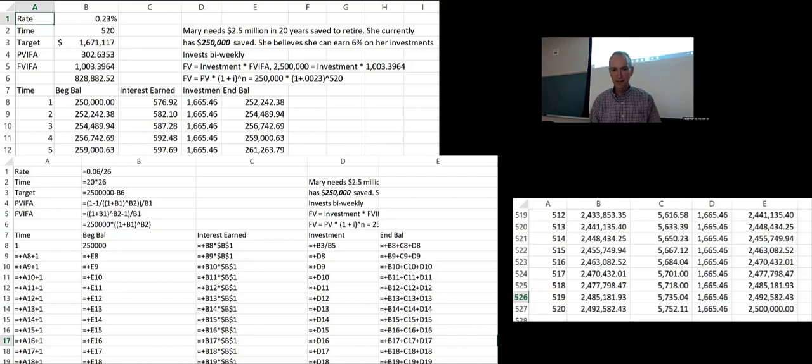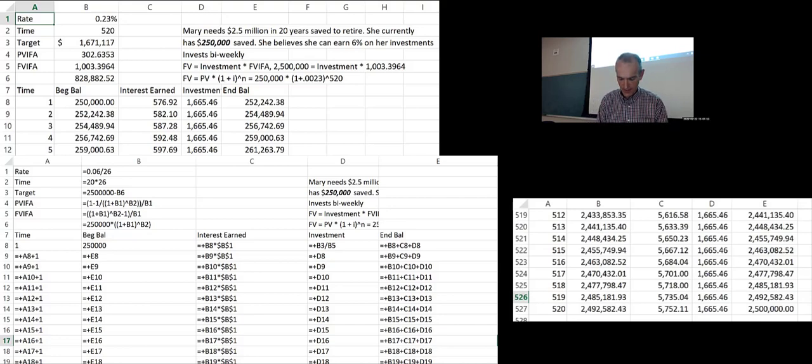All right, so y'all give me what are the columns? Time, balance. Here's interest earned. May not be interest, right? Because you may be buying stocks, but we'll say interest earned. That's fine. You can just say gains.